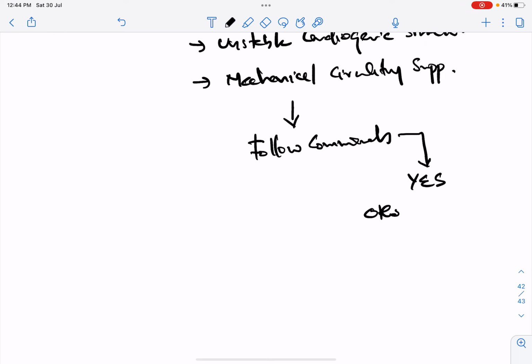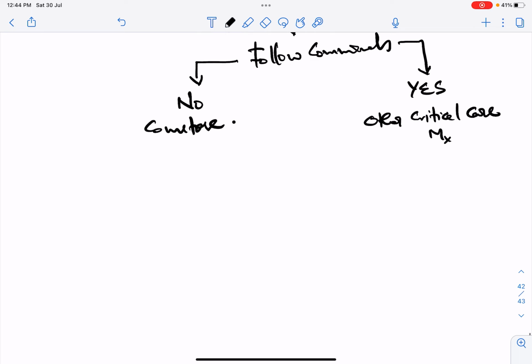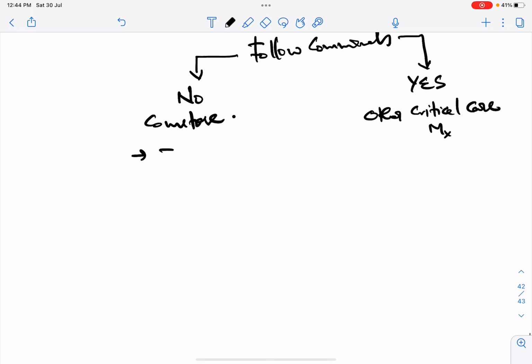Then we have to go for other critical care management. Suppose the patient is not obeying commands or is in a comatose state. Then we have to consider the following things. First one is targeted temperature management.